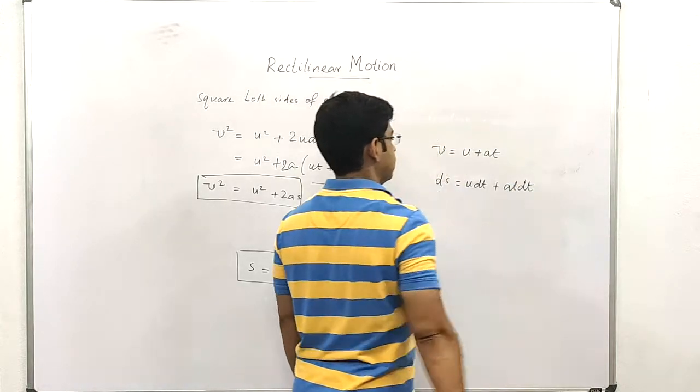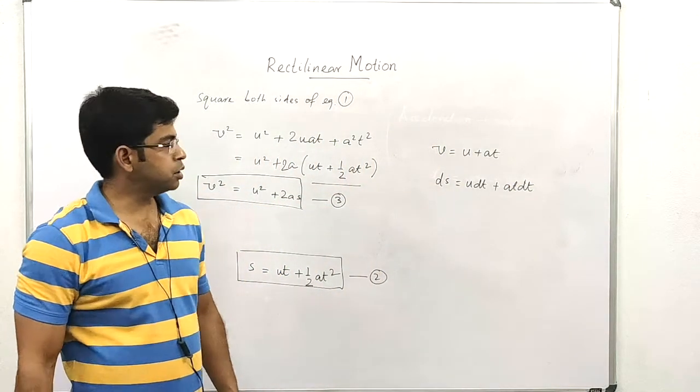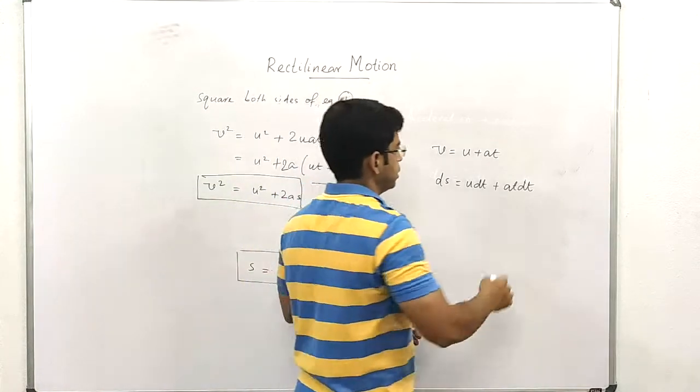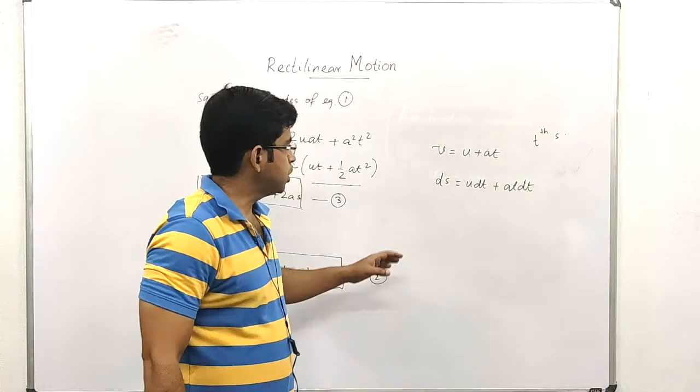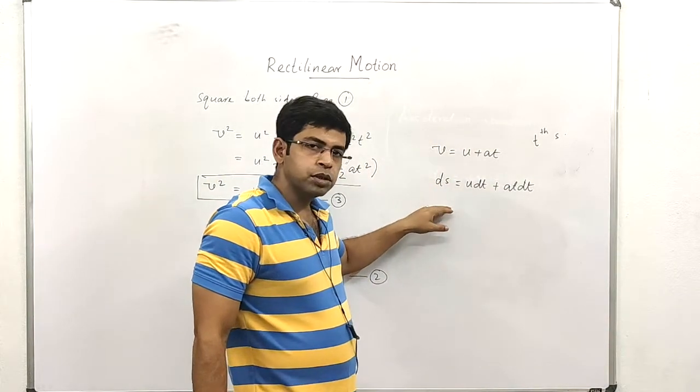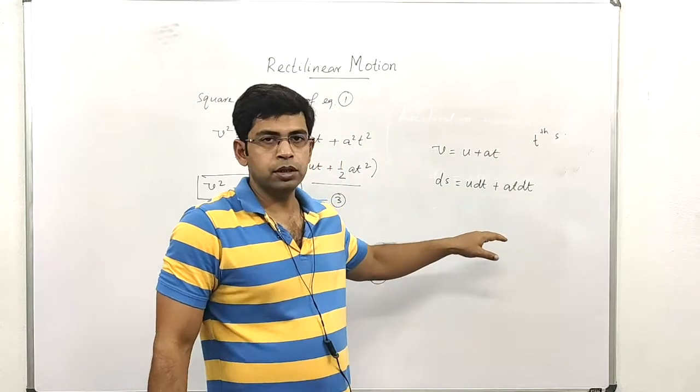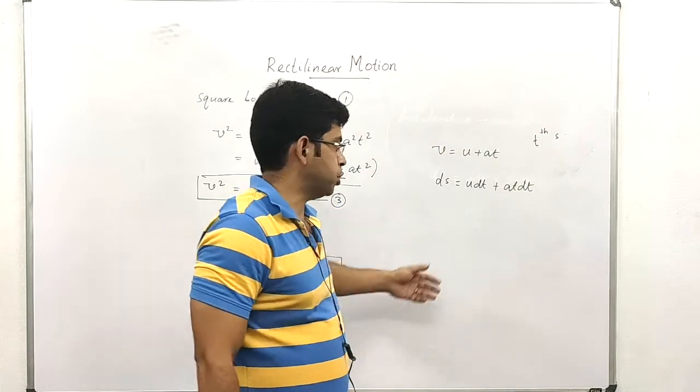Now if we want to find out the distance traveled by the particle in the tth second, okay, please note that we are talking about distance. In one-dimensional motion, distance and displacement are both synonymous.